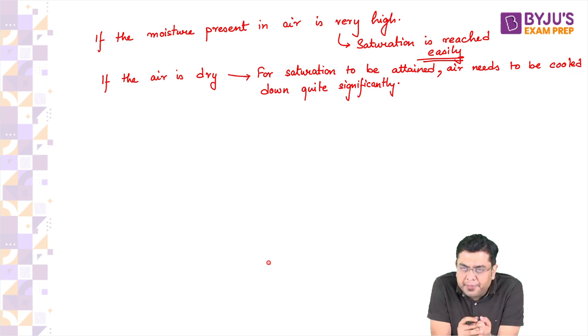In absolute humidity, we measure the weight of the water vapor. In specific humidity, we measure the weight with respect to 1 kg of air. In relative humidity, we measure the water vapor present in comparison to what the air can hold at a given temperature. So in all three, you are measuring the amount of moisture which is present.